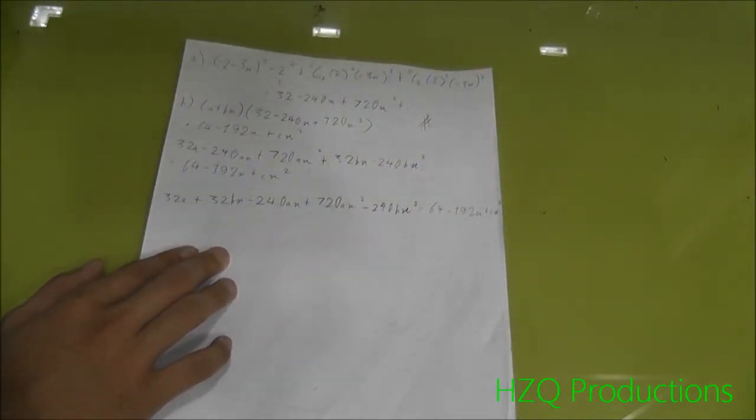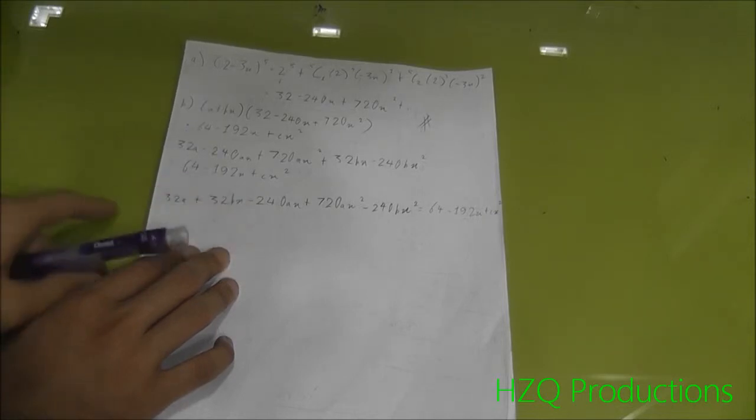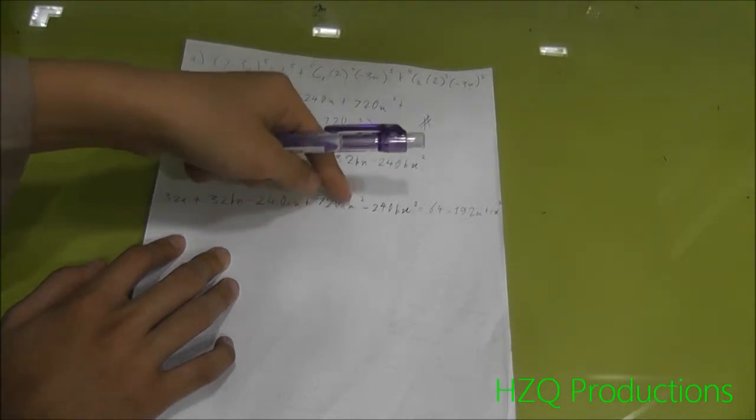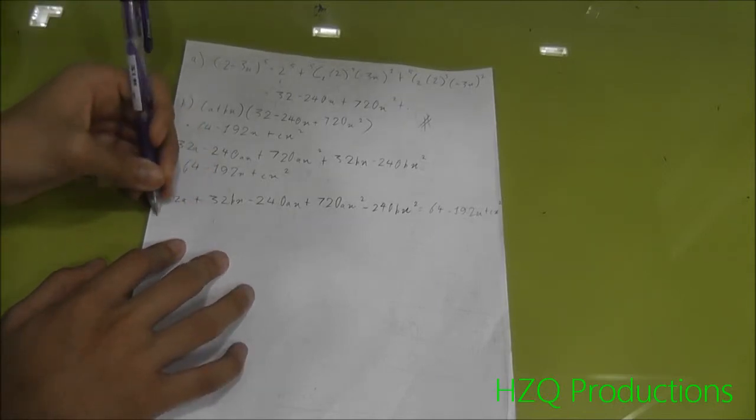I do it like that: without x as the first term, with the presence of x as the second term, and the presence of x squared as the third. This is how you rearrange. Why do you rearrange? Because you want to factorize.